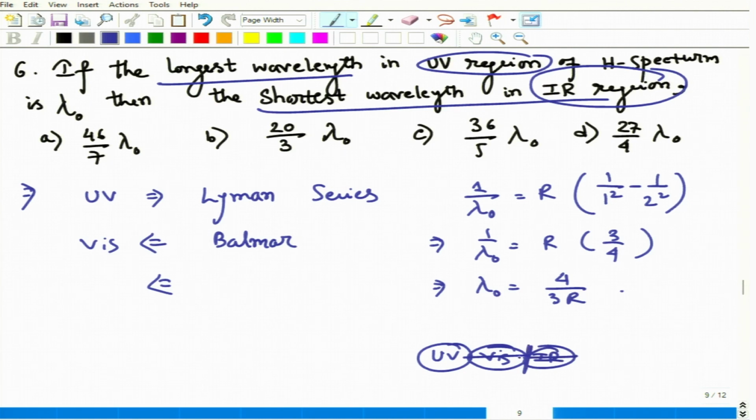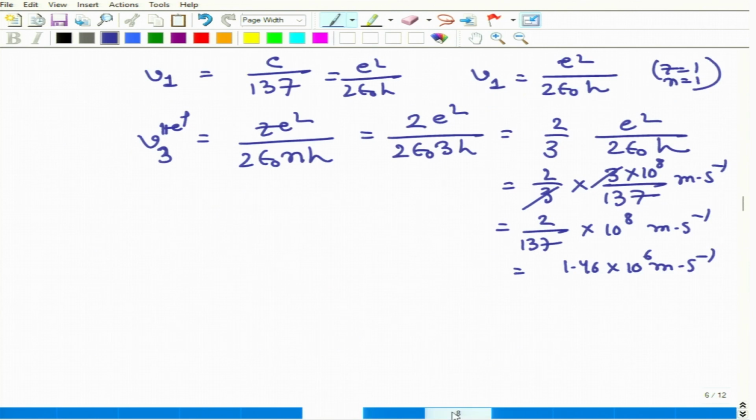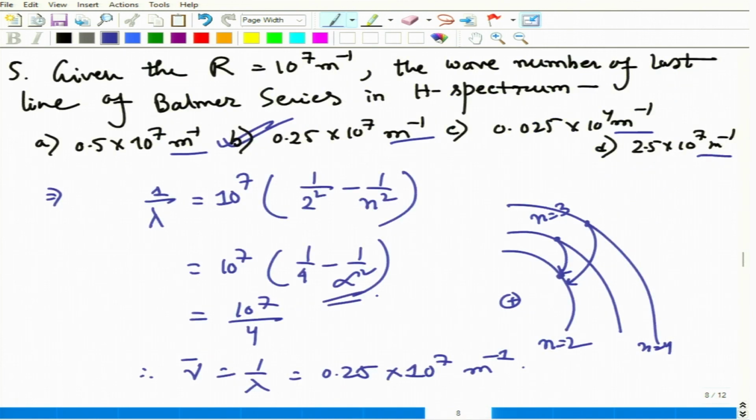Shortest wavelength of the IR region should be, that means the highest transition should be there. So it's actually Balmer, then it should be Paschen, because it's the IR region. So it should be Paschen's. For that 1 by lambda should be R into 1/3 square minus 1/n square, but you need the shortest wavelength, that means the higher energy gap, that means it should be again infinity, just like the previous problem we did, here similarly.